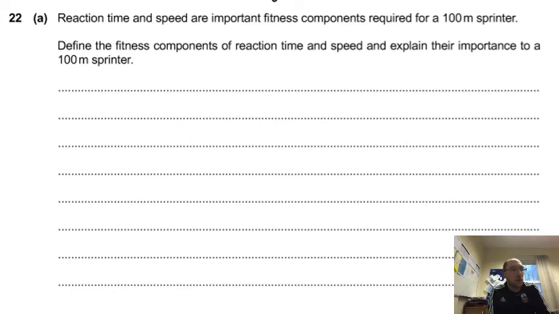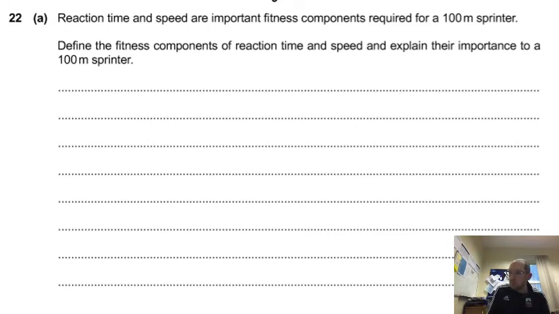Most candidates correctly defined speed, and many responses outlined the importance of both components. The best responses gave an accurate definition of reaction time, which did not include the word react. The time taken to respond rather than react to a stimulus was an acceptable answer.